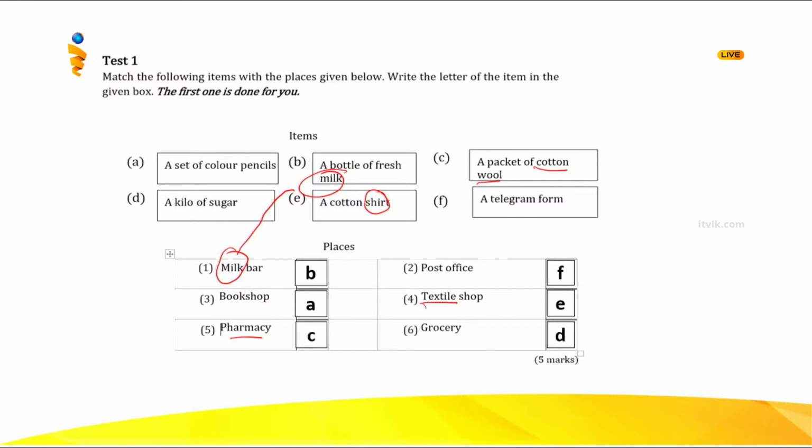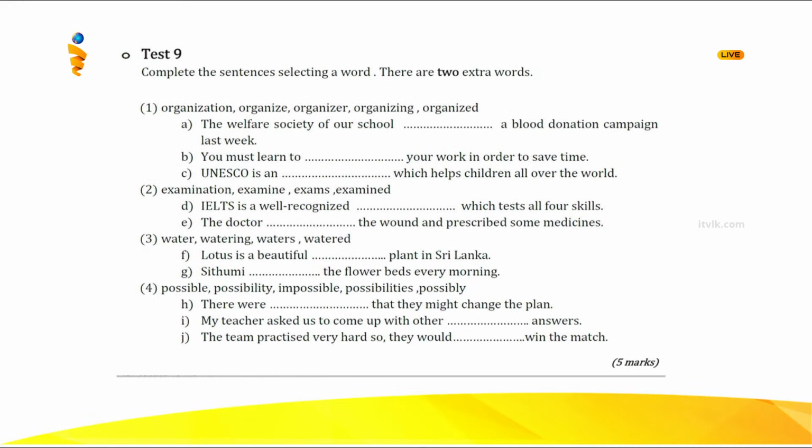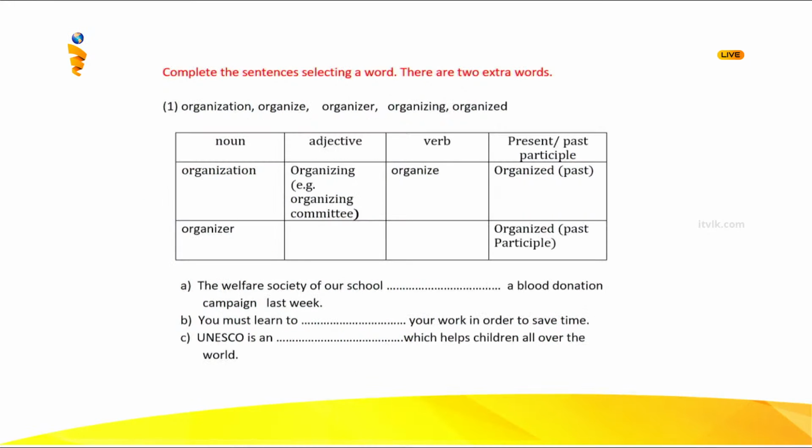Now the next question, question number 9 from paper 2. Here there are 4 questions and 10 blanks. So let's read one by one. First question. First, let's see to which word class these words belong to.